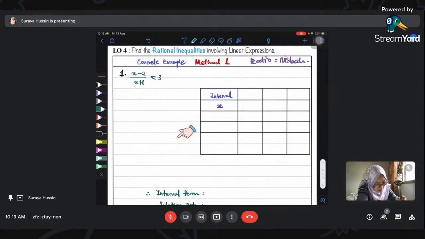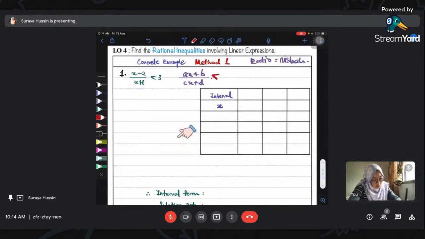Okay. So as I said, linear bahagi linear kan. So linear bahagi linear bermaksud macam ni lah. Kita mesti nak more than or equal to 0 ataupun nak less than or equal to 0.